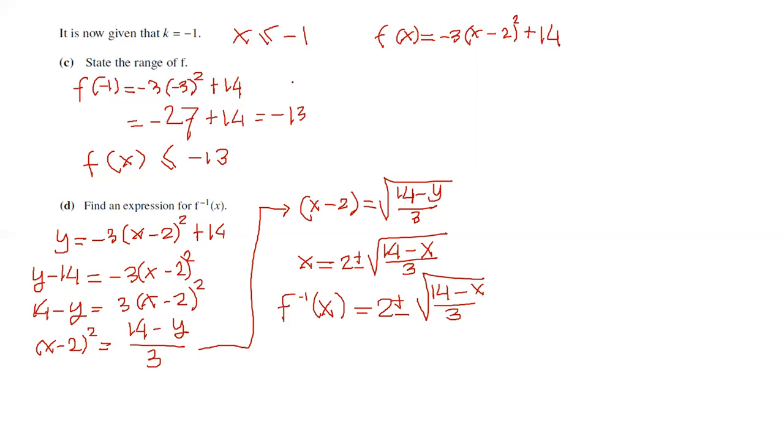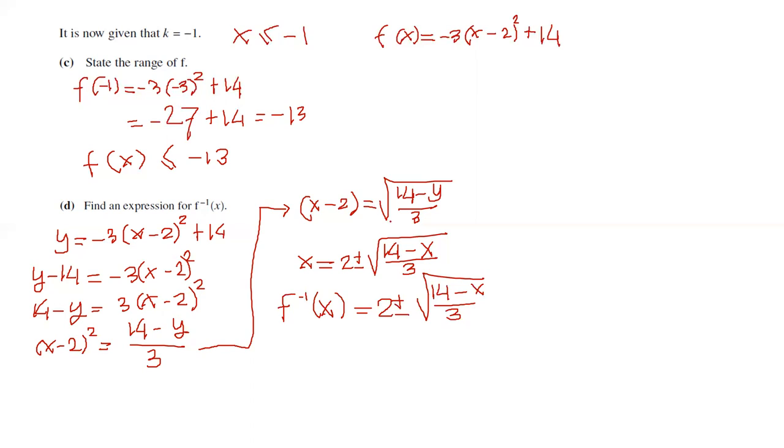Look, the domain is x equal to or less than -1 for f(x), and for the range, f(x) is less than or equal to -13. So for the inverse, also the range is negative numbers.